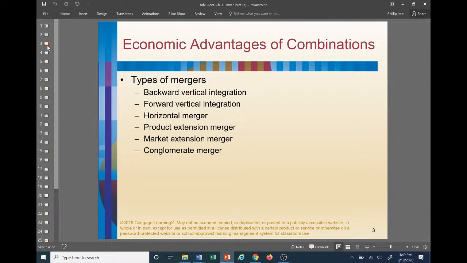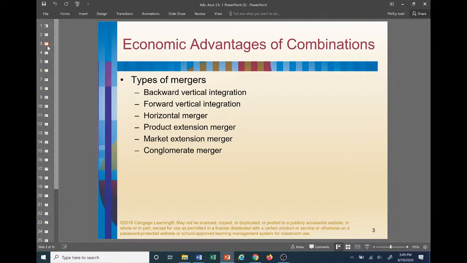Both companies might utilize common facilities and shared fixed costs. So once again, we're getting rid of some of the overhead with these buildings. And there could even be further economies of scale from one management team replacing two management teams. So these are all good economic advantages of business combinations.